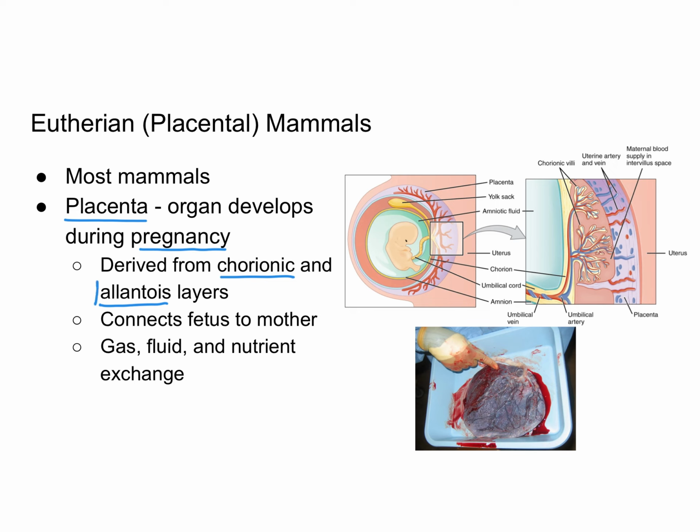But these two structures, the allantois and chorion, actually come together to form the placenta. You can see that on this picture here. The placenta is this area surrounding the baby here. You can see a closer-up version here, and then this is what a placenta looks like after it's been delivered.